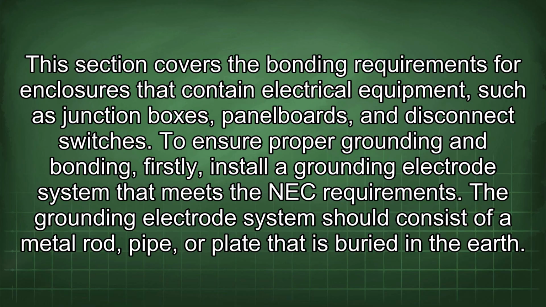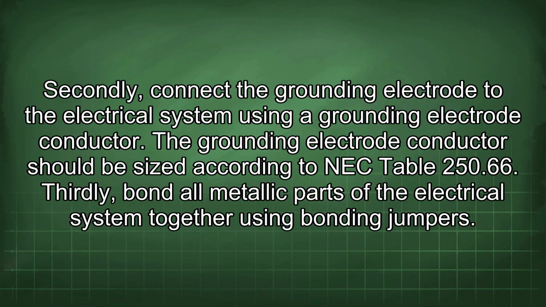To ensure proper grounding and bonding, firstly, install a grounding electrode system that meets the NEC requirements. The grounding electrode system should consist of a metal rod, pipe, or plate that is buried in the earth. Secondly, connect the grounding electrode to the electrical system using a grounding electrode conductor. The grounding electrode conductor should be sized according to NEC Table 250.66.